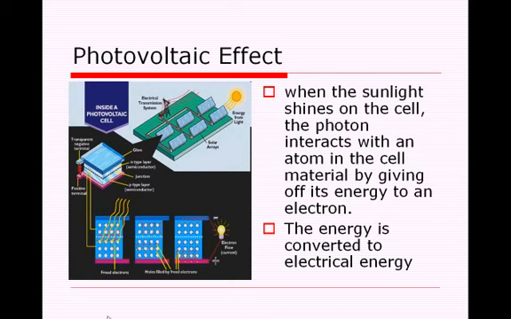N-type silicon has free electrons, and P-type silicon has free holes. When the solar cell is exposed to the sunlight, the N-type and P-type come together, and when they contact each other, they form an electric field.